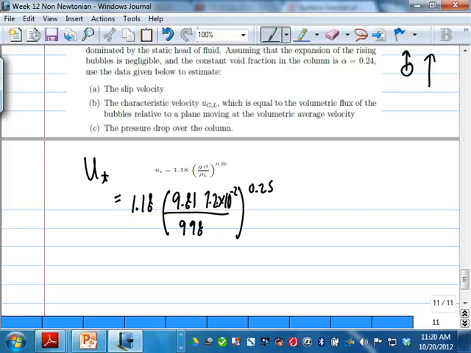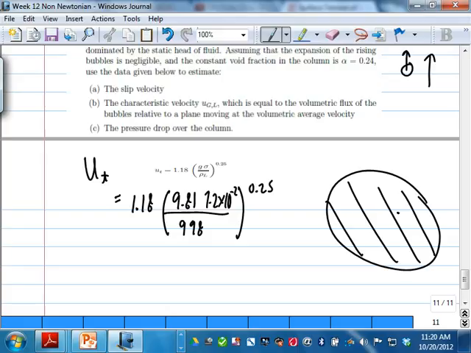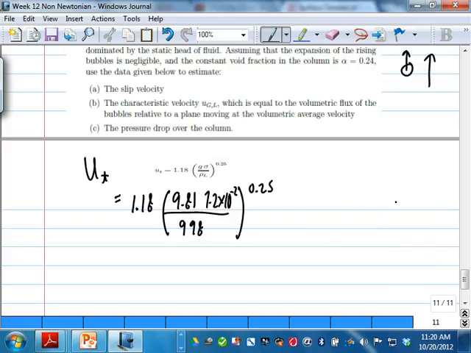Surface tension is a force per unit length. So basically, if this was the water surface, and maybe this is a piston or whatever, F, the surface tension, is this force here.